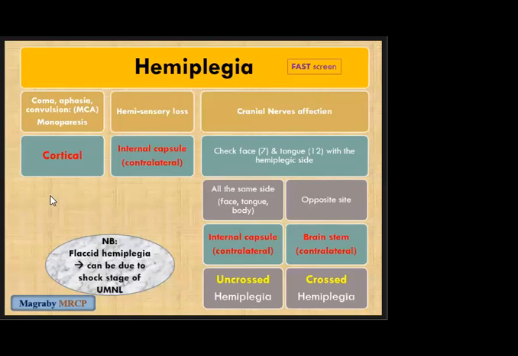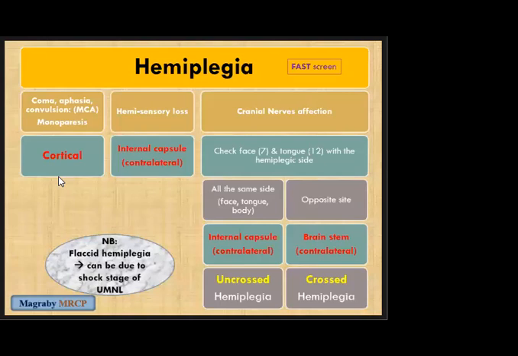Okay, let's go to the site of lesions in case of hemiplegia. There might be an affection in the cortical area, the motor cortical area, or in the internal capsule, or maybe a cranial nerve affection. If the hemiplegia affects the cortical area, it will depend on the surface area of affection in this cortical area.